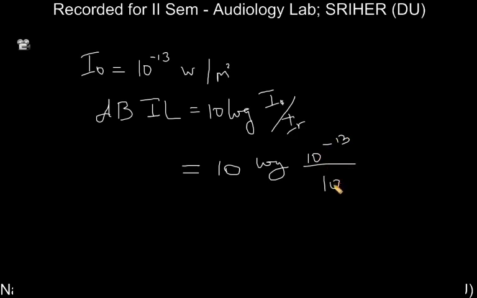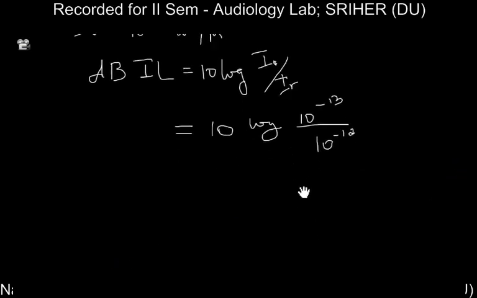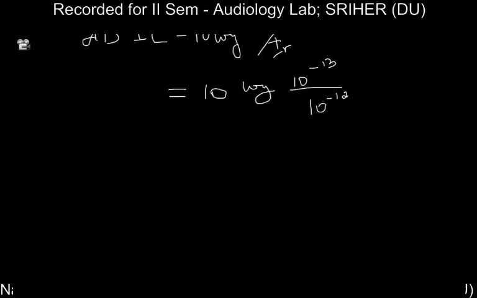Now simplifying this equation, this 10 to the power minus 12 will be sent to the numerator, so it will become 10 to the power plus 12, and the equation becomes 10 log 10 to the power minus 13 into 10 to the power plus 12, so minus 13 plus 12, and the equation will be simplified into 10 log 10 to the power minus 1.